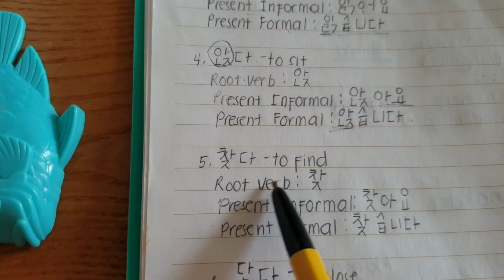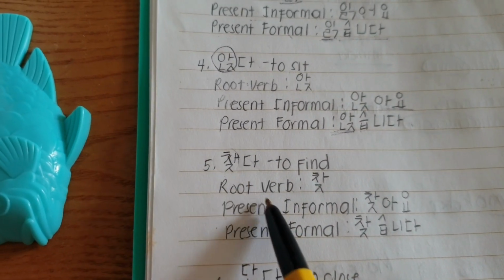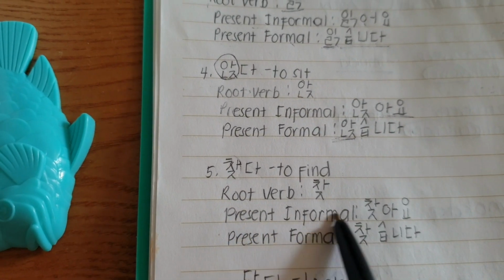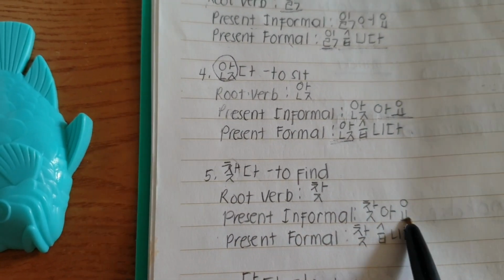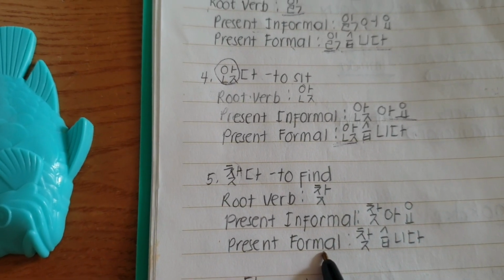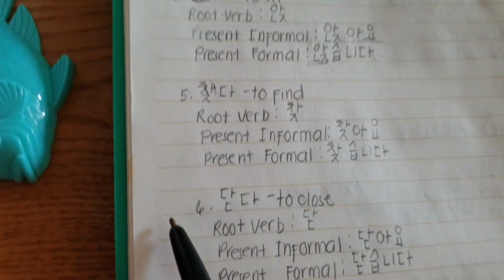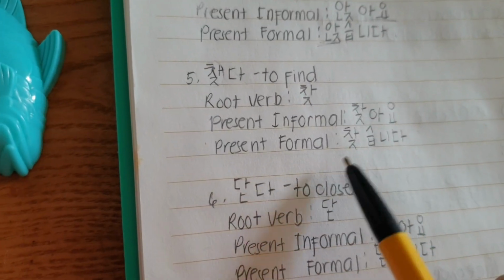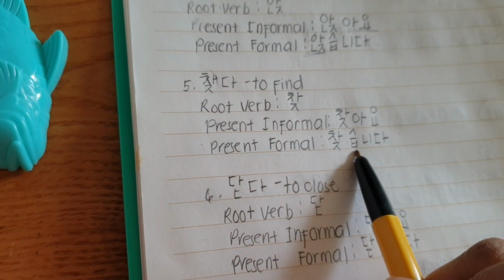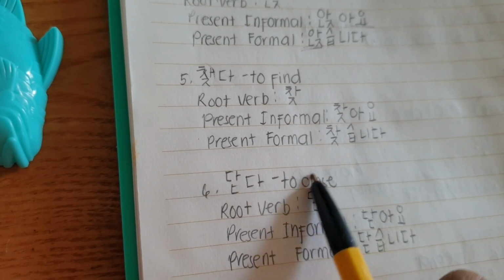Then the next example is 찾다, to find in English. The root verb is, you're just gonna remove the da, then this is the root verb 찾. Then the present informal is 찾아요. Then the present formal is 찾습니다. You're just gonna have to review that one so that you'll know and get why we use 아요, 어요, 습니다, 비니다.